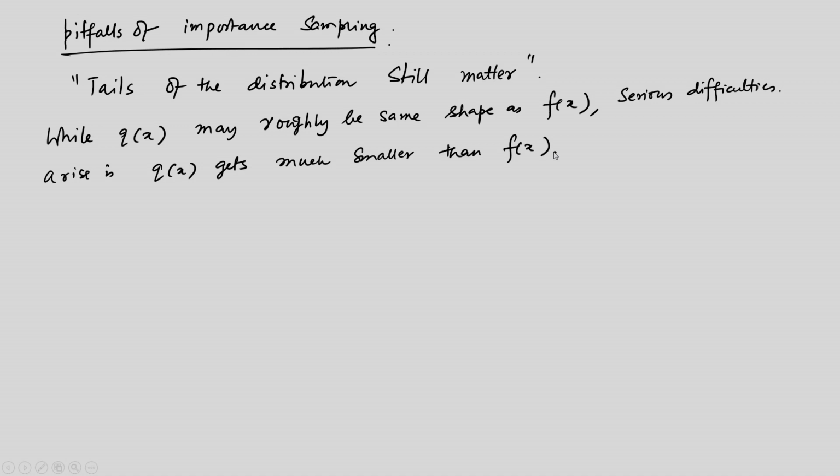And why is it a difficulty? Because these importance weights are proportional to the ratio of these. I mean, if Q(x) gets smaller much faster than f(x), around or among the tails of the distribution.